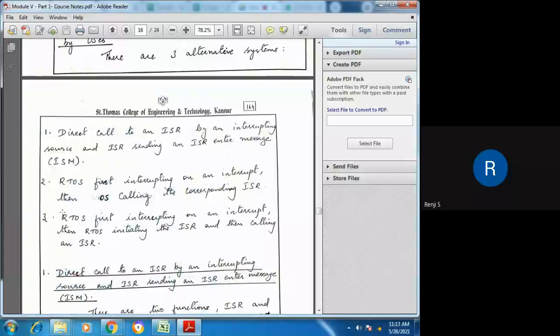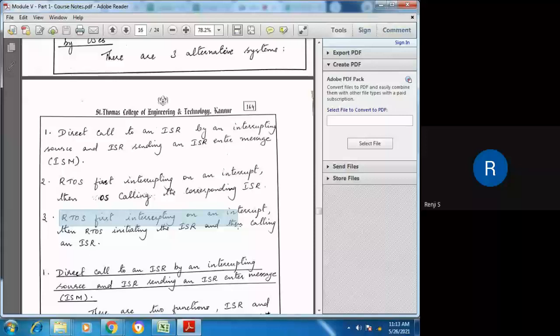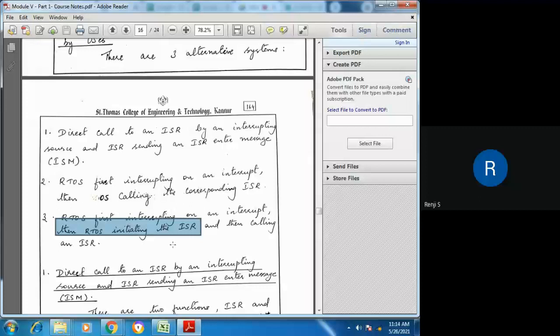So again, the request is sent to the RTOS. RTOS will not service the ISR directly, but instead it will initiate another ISR, and this ISR will check the priority of the currently arrived interrupt, and then if the priority is high, it will call the ISR. Is it clear? So it's a two-step process.